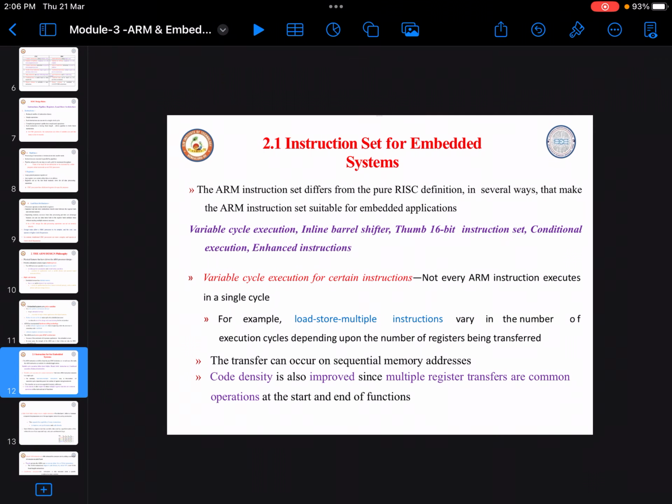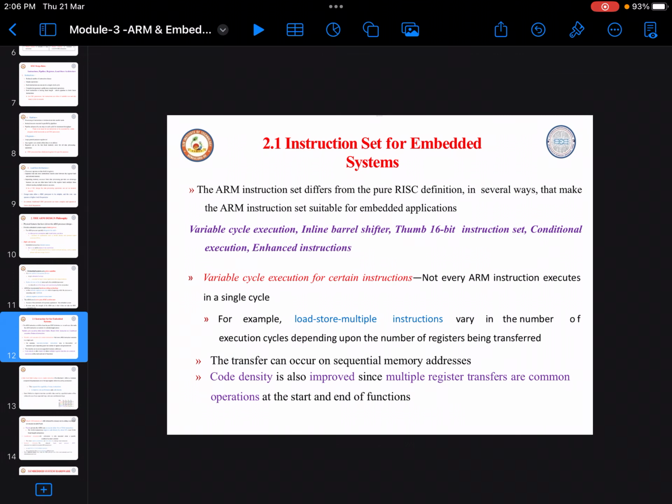Coming to the instruction set used for embedded systems, the ARM instruction set differs from the pure RISC definition in several ways that make it suitable for embedded applications. The major differences are variable cycle execution, inline barrel shifter, the Thumb 16-bit instruction set, conditional execution, and enhanced instructions.